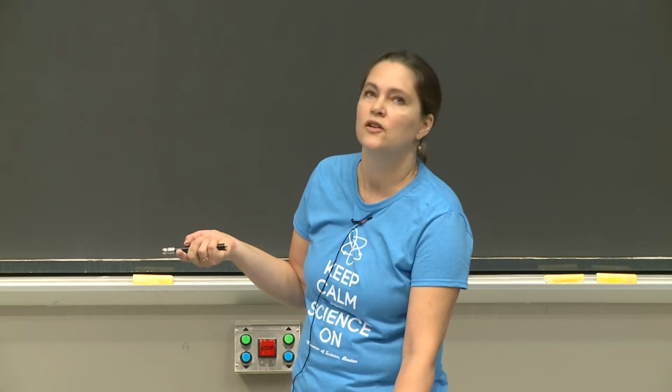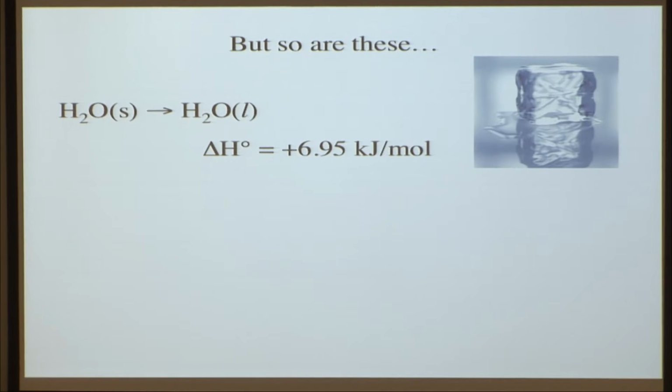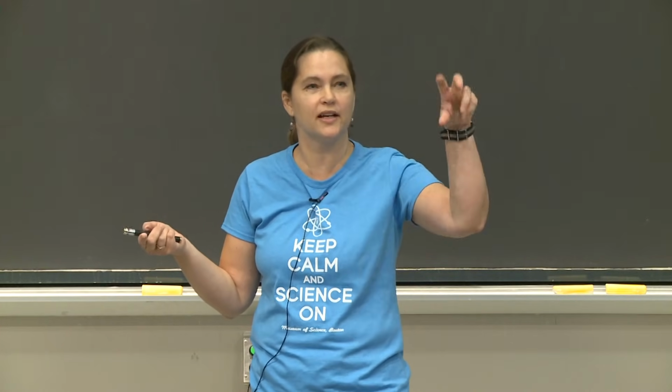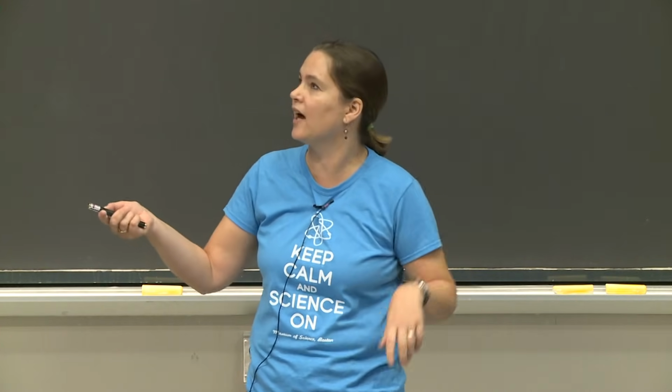But there are a few other examples of spontaneous reactions. One of them is this one, and we've probably all experienced this. If you're from New England, you've seen snow melt, or ice melt, solid to liquid. If you're from a hot part of the world, you probably had ice cubes in your nice, refreshing drink with maybe a little umbrella on the top.